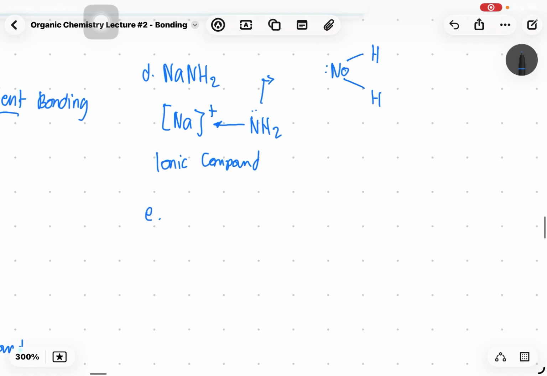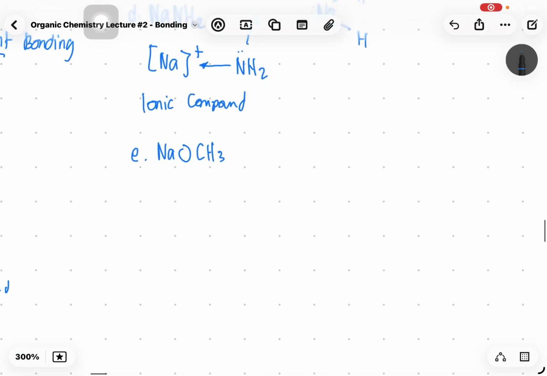Next we have NaOCH3. Now let's redraw that. Na plus, and we have an O bonded to a CH3. That's 1, 2, 3, 4, 5, 6. And whatever extra it has just gets transferred to sodium.